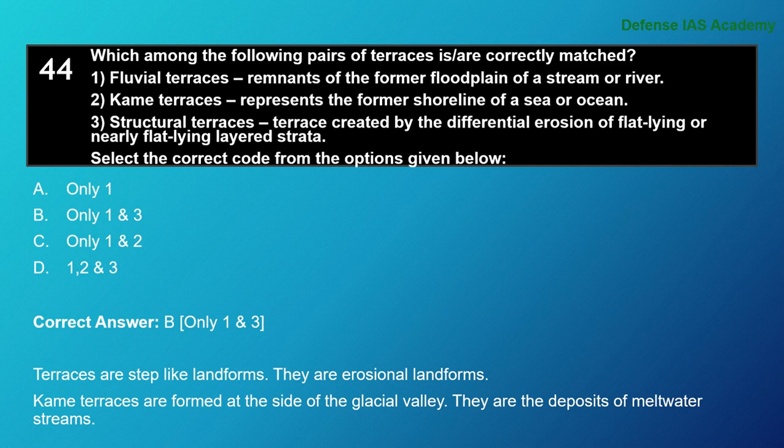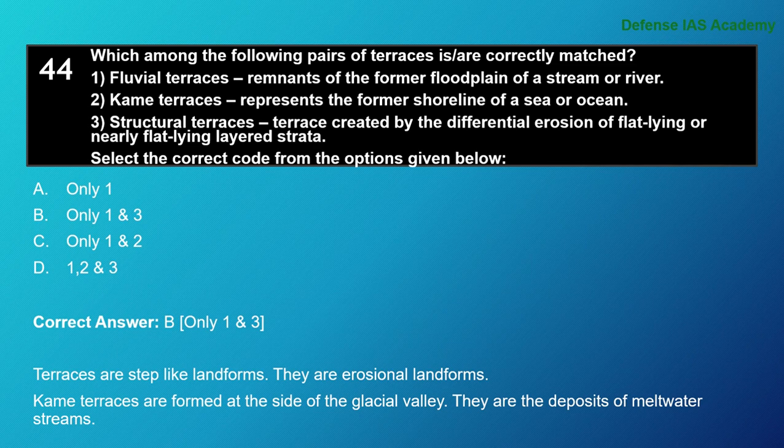Terraces are step-like landforms. They are actually erosional landforms. That means they have evolved after erosion of either dissoluble materials or the rocks. So, terraces come as erosional landforms. The Kame terraces are formed at the side of a glacial valley. They are deposits of meltwater streams.